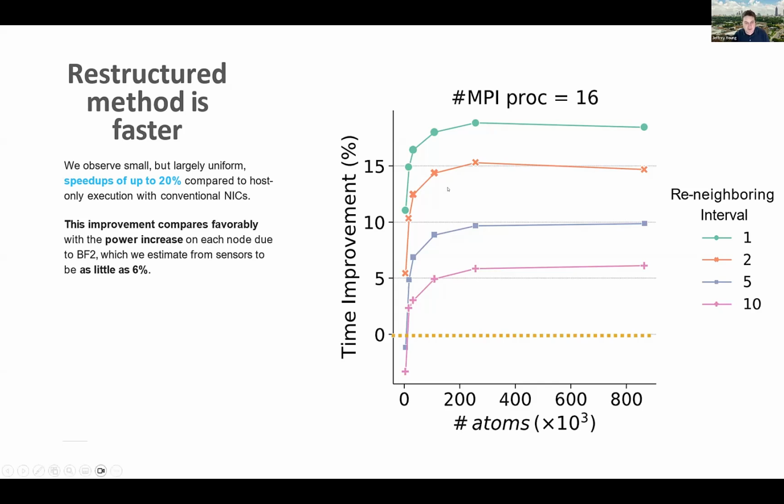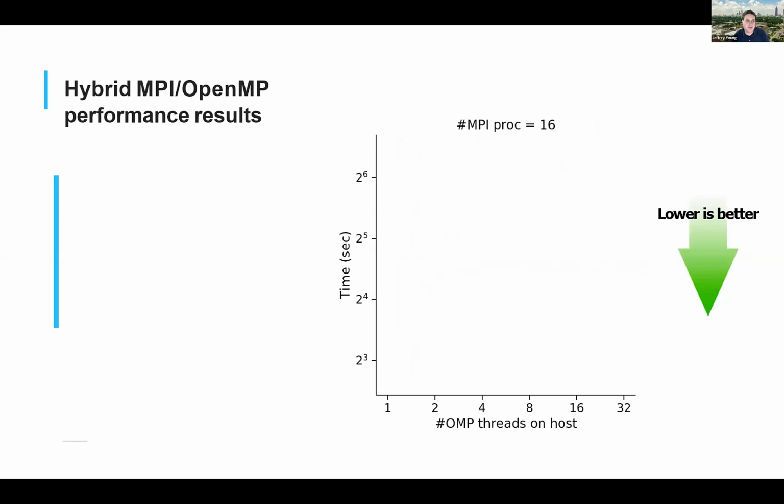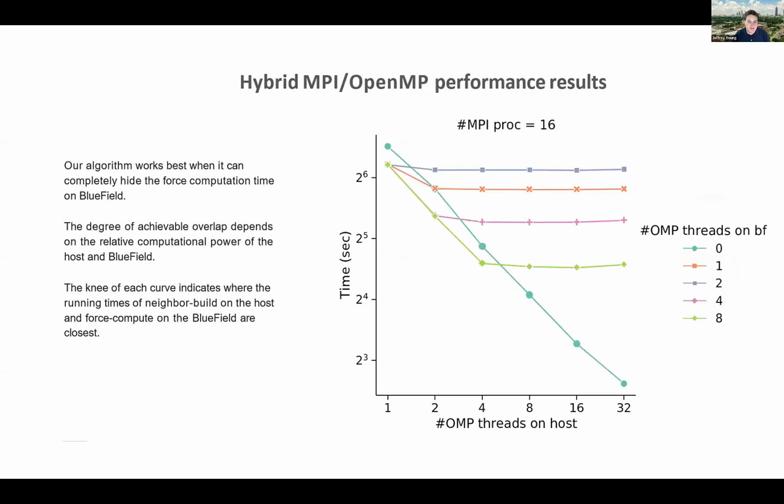Then if we look at the hybrid MPI and OpenMP performance improvements, here we're looking at how long it takes, so less time is better. This is interesting in that we compared this against running on the host node itself. You'll see this teal green line here. This is basically no offload. And you note that if you use all the cores on the host, it's faster, and you might expect that.